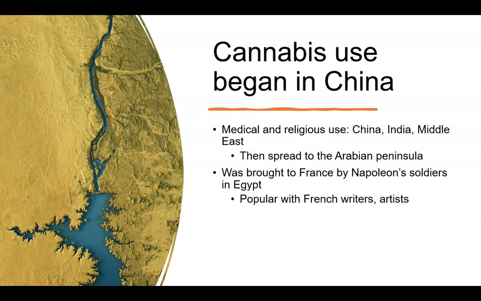But really, it didn't spread over to the Western Hemisphere until the mid-19th century. Napoleon's soldiers reportedly brought hashish from Egypt back to France. And around the same time, a French physician, whose last name was Moreau, encountered the intoxicating effects of hashish.